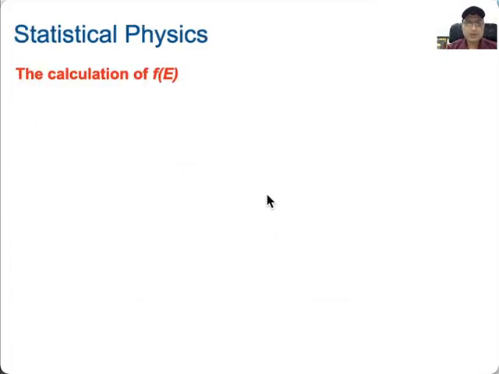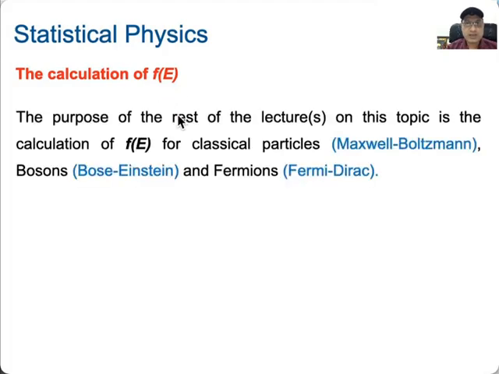To have some idea about f of E, we are going to dedicate the rest of this lecture and the next lecture to estimating f of E for the classical particles as well as for the quantum particles.